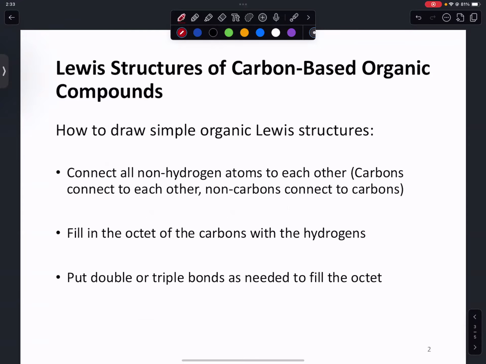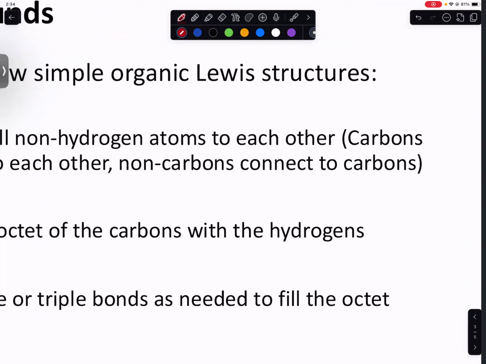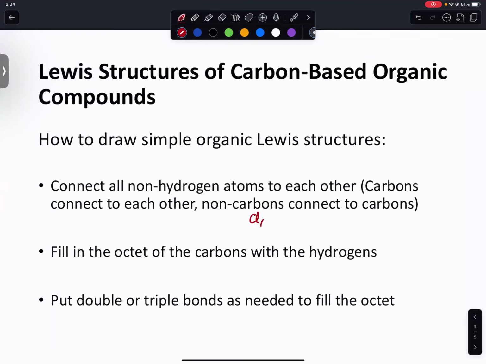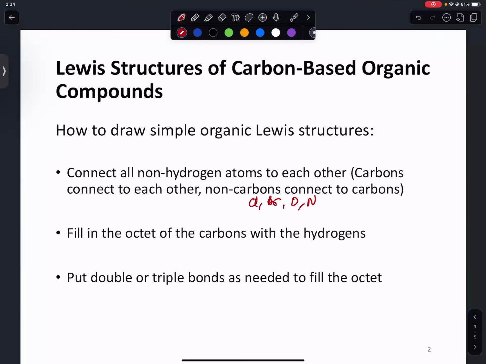This is a very brief outline on how to draw these simple organic structures. We're going to first start by connecting all the non-hydrogen atoms. For example, we connect the carbon first, and then any other element other than hydrogen, like halogens such as chlorine or bromine, oxygen, nitrogen, etc. Next we fill the octet for the carbons with hydrogens, and if there are any remaining valence electrons, we fill in the octet of the terminal atoms.